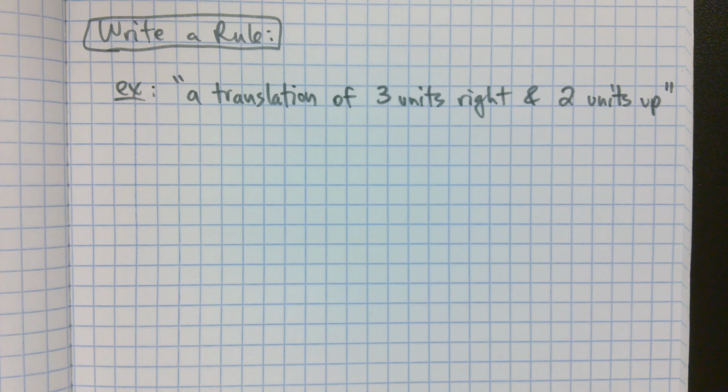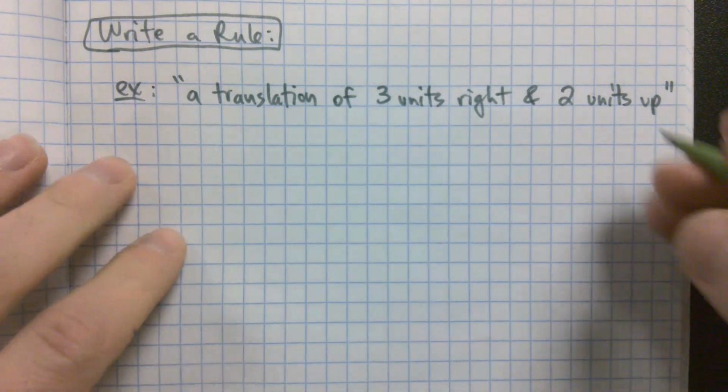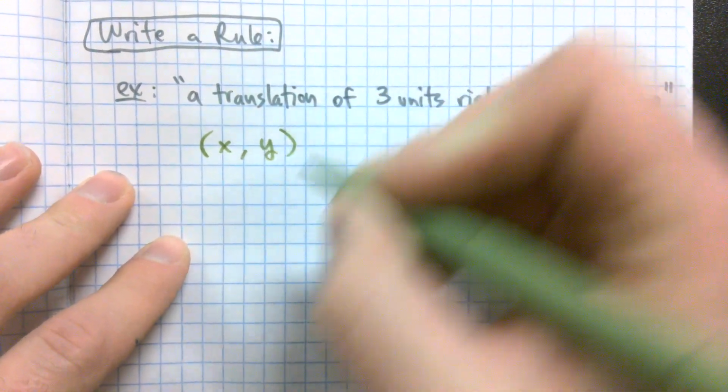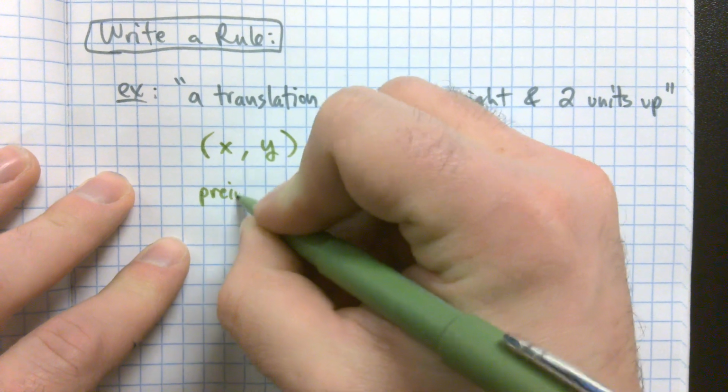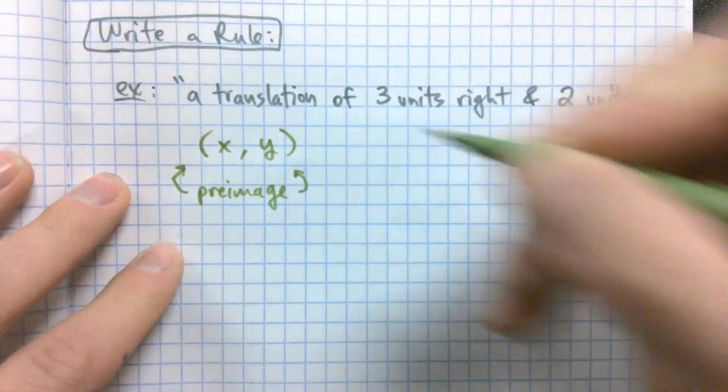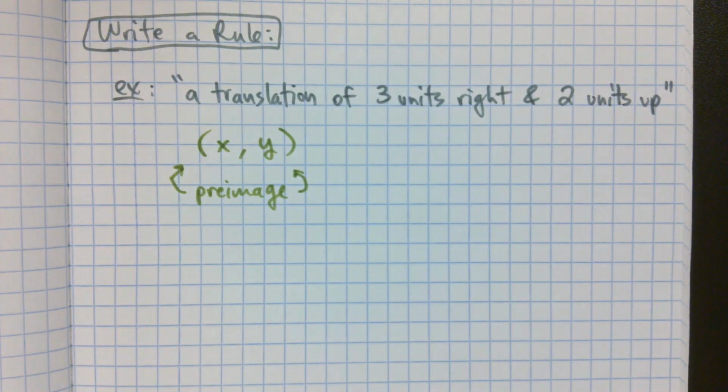And we could write a rule for translations as well, where our pre-image point is x, comma, y. Let's just say it could be any numbers.